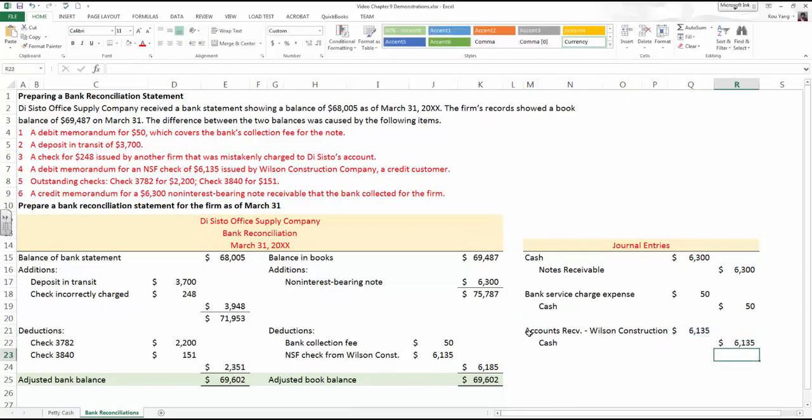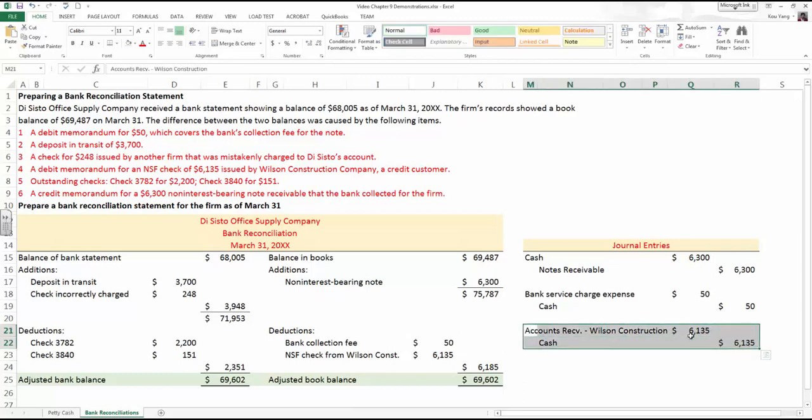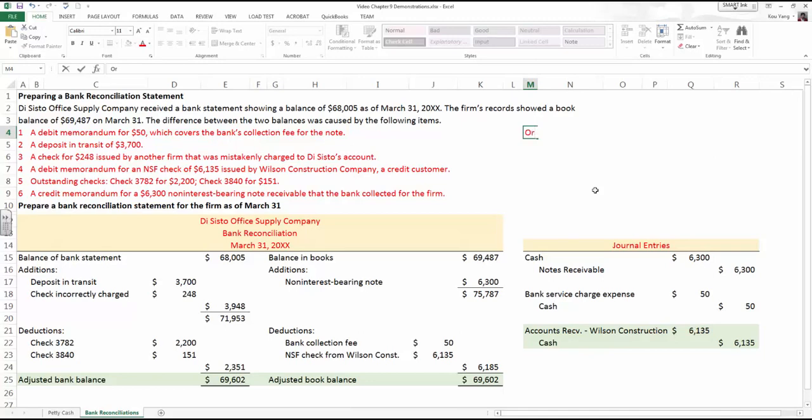All right, I just want to explain this a little bit further. Here is the original entry, when Wilson wrote DeSisto a check.